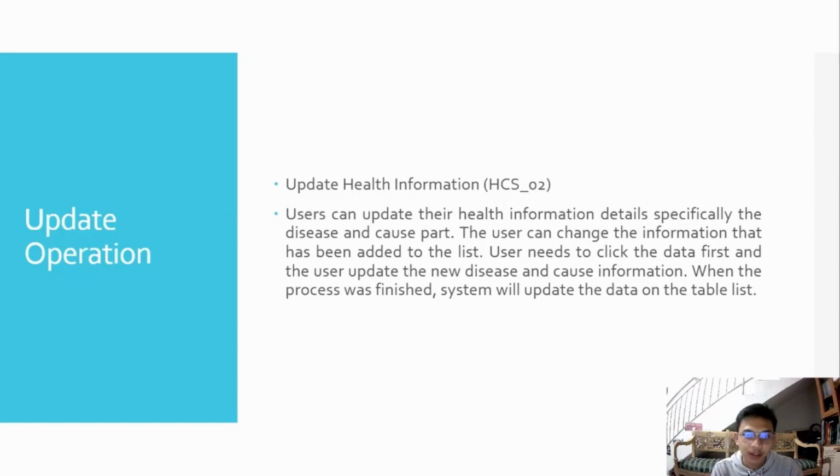In this update health information, the user can update their health information details, specifically the disease and cause part. The user can change the information that has been added to the list. The user needs to click the data first, and then update the new disease and cause information. When the process is finished, the system will update the data on the table list.